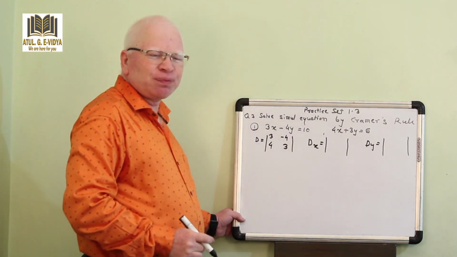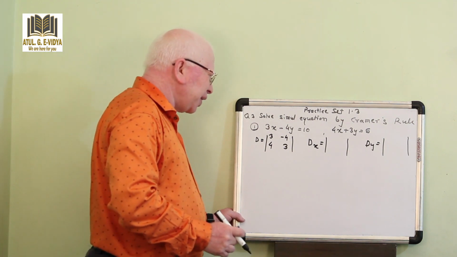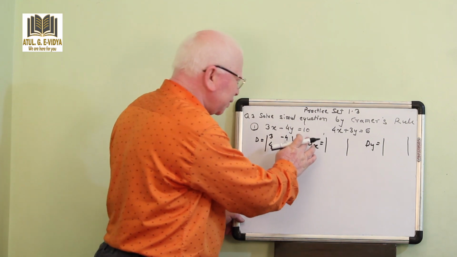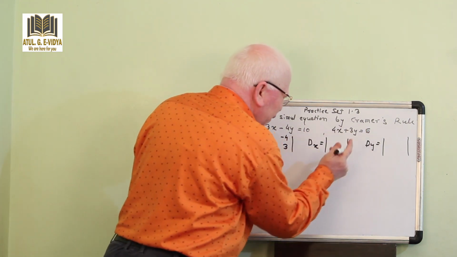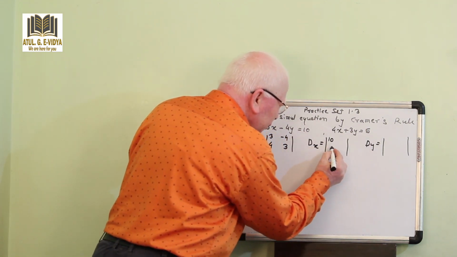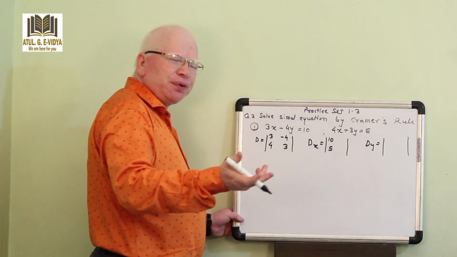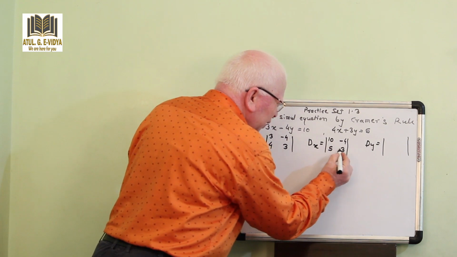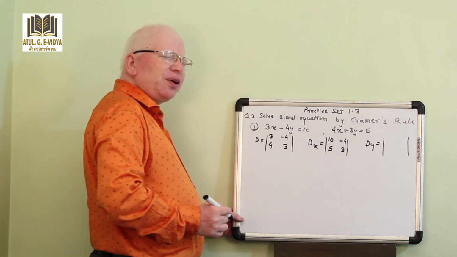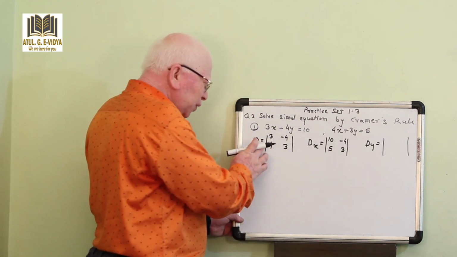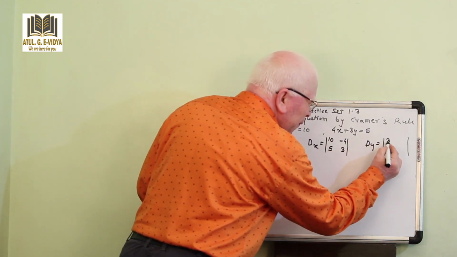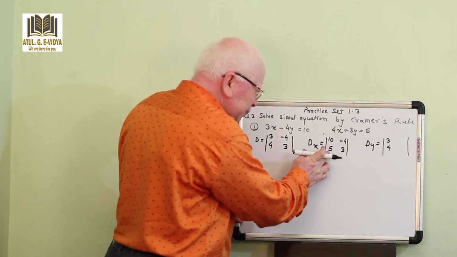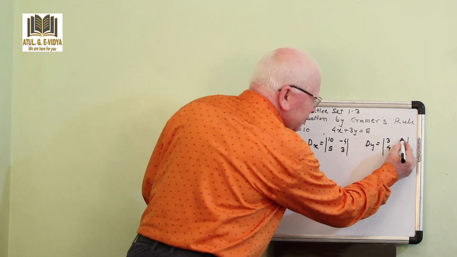For Dx, we have to write down just the values from the right hand side, 10 and 5, and the y coefficients same, -4 and 3. And for Dy, the x coefficients same, and instead of the y coefficients we have to take the elements from the right hand side.